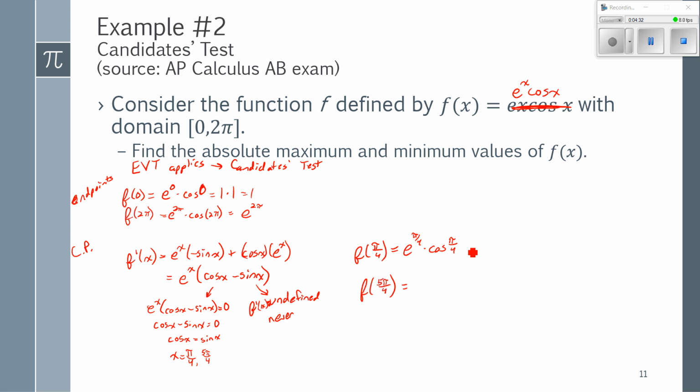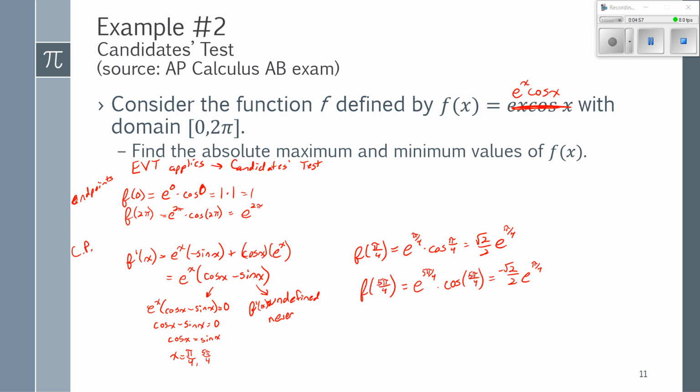Well, the cosine of pi over 4 is rad 2 over 2 times whatever e to the pi over 4 is. And then e to the 5 pi over 4 times the cosine of 5 pi over 4. Well, the cosine of 5 pi over 4 is negative rad 2 over 2 times e to the 5 pi over 4.